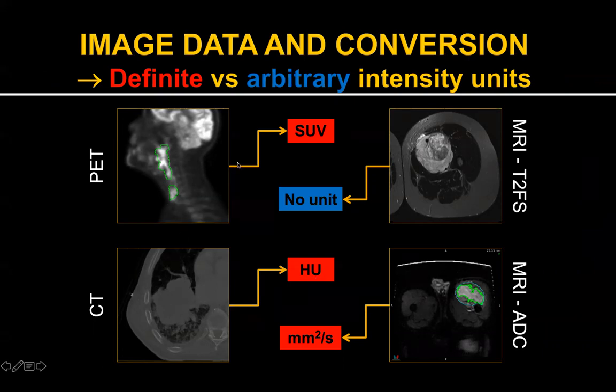For PET, we can convert that to a standardized uptake value, such that we all have the same scale of intensities. But if we're analyzing MRI images, there are no units associated to that. So this has a consequence on the features that we can later on extract, and this needs to be taken into account.